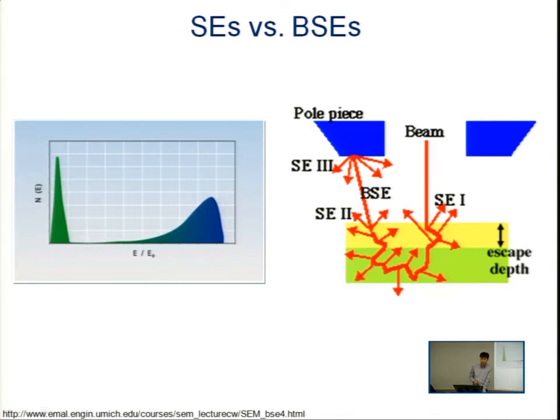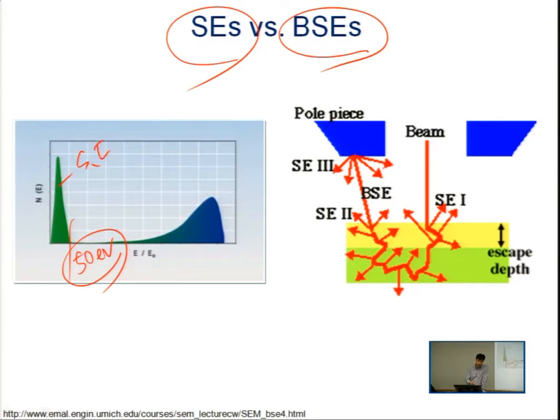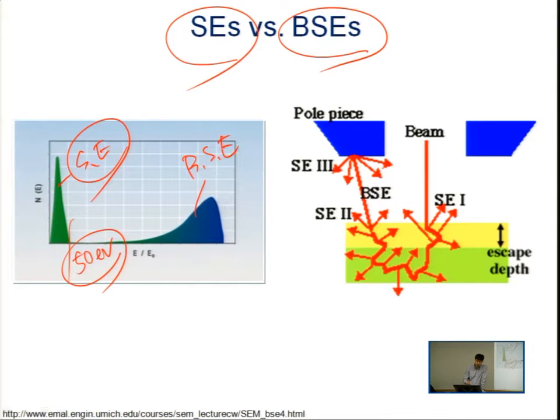As we discussed, the energies of the secondary electrons and backscattered electrons are pretty different. The secondary electron energy is about 50 electron volts. So secondary electrons have pretty low energy, backscattered electrons have much higher energy, and the Auger electrons are located in between.